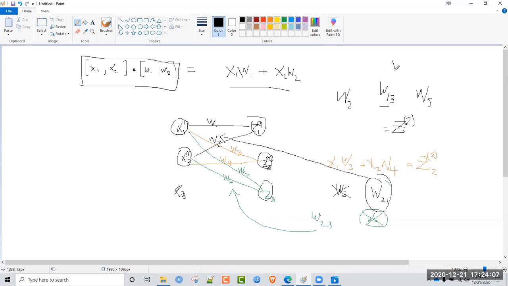So the notation I'm going to use is this: Wij, which comes from the ith node and goes to the jth node.